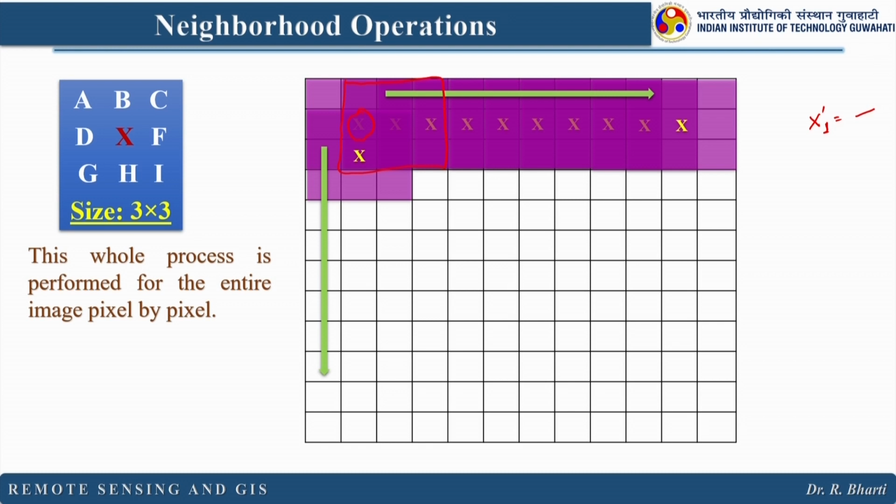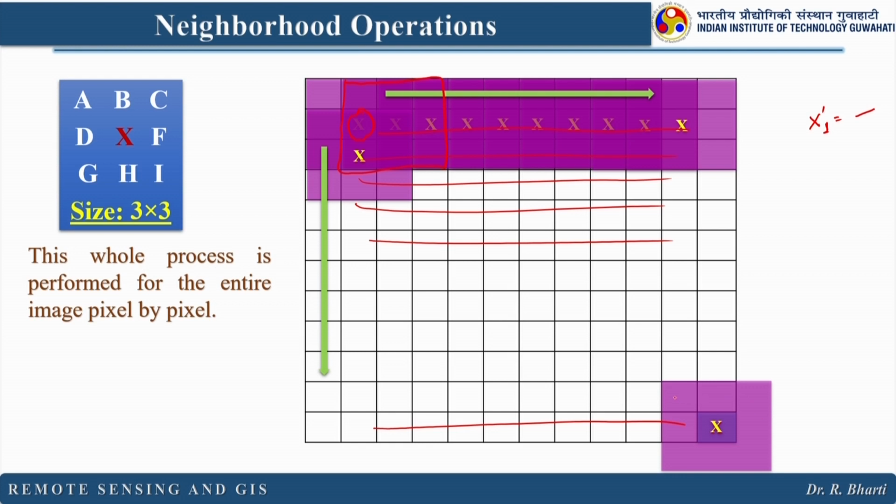We cover this, then we cover this, and like that we cover the entire image, and the new pixel values replace the older pixel values. But just assume what is happening with the corner pixel. Here you don't have a full neighborhood. All these values are present, but these values are not present.